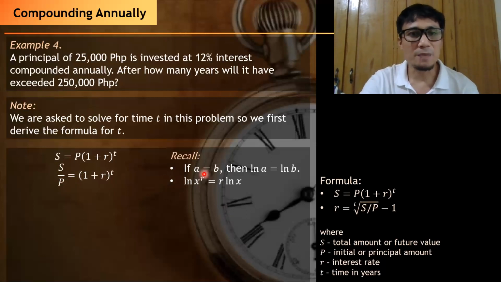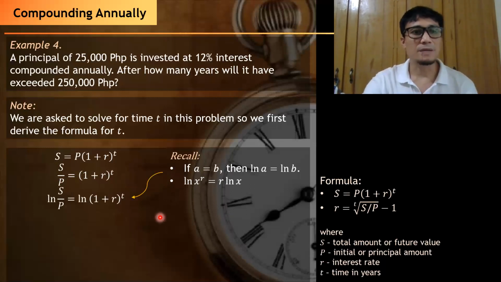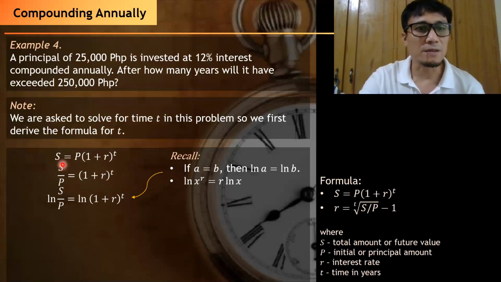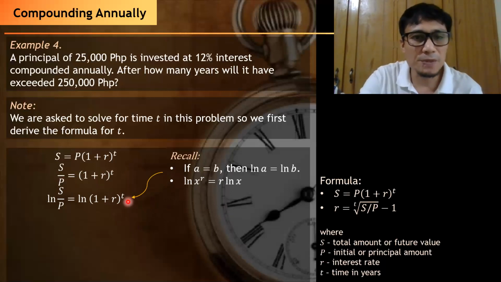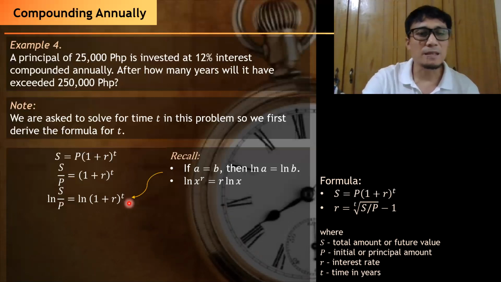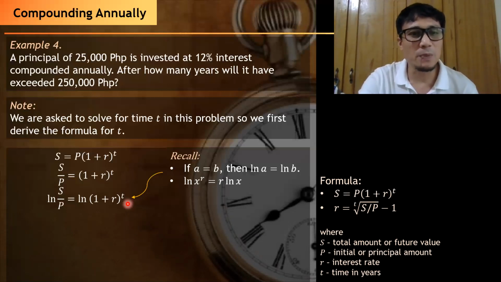So you have two expressions which are equal. We use the first property. That means we express both sides in terms of ln. We have this expression, right? ln of the left-hand side is equal to ln of the right-hand side. And then after that, remember your objective is to isolate t. Now, unless t is converted to a non-exponent value, we cannot isolate it.